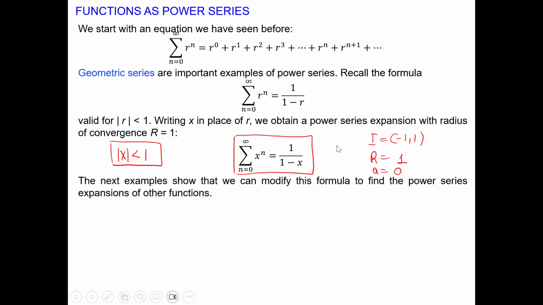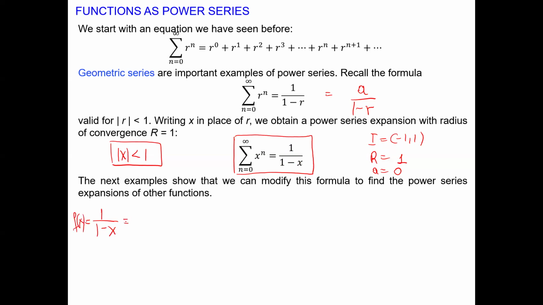If x is from this interval, we know that this power series is convergent, and we may use the sum. We remember the formula for the sum of the geometric series: a, the first term, over 1 minus the common ratio. Since the first term is 1, we have 1 over quantity 1 minus x. Now, thinking backwards, having a function 1 over quantity 1 minus x, this is a rational function.